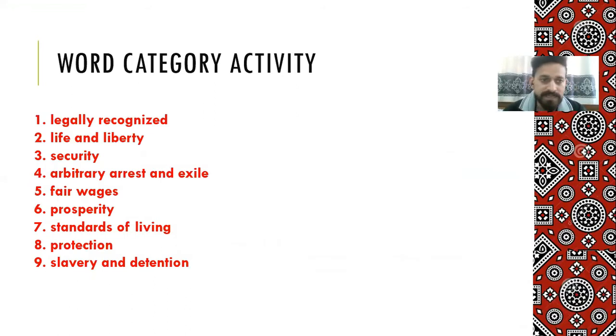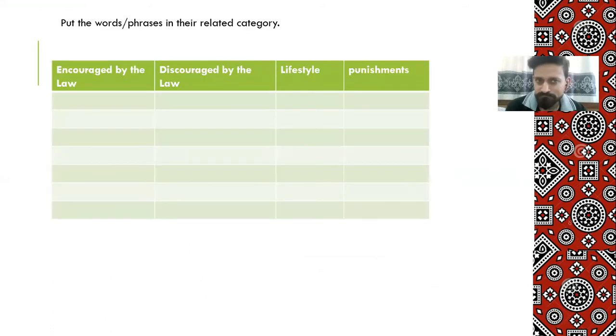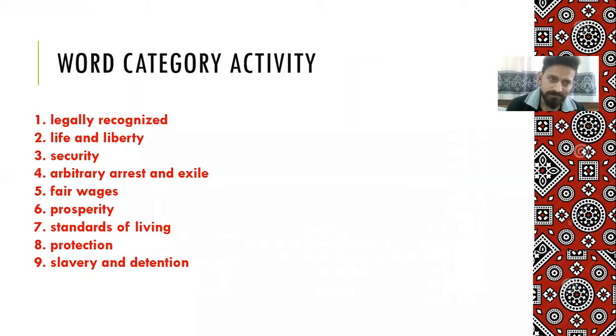So the first word is legally recognized. Which category would you like to put it in? Encouraged by law. Yeah. If something is legally recognized, that means it is encouraged by law, not discouraged. Life and liberty. What does it refer to? Lifestyle? How about any other category? Is there any possibility?